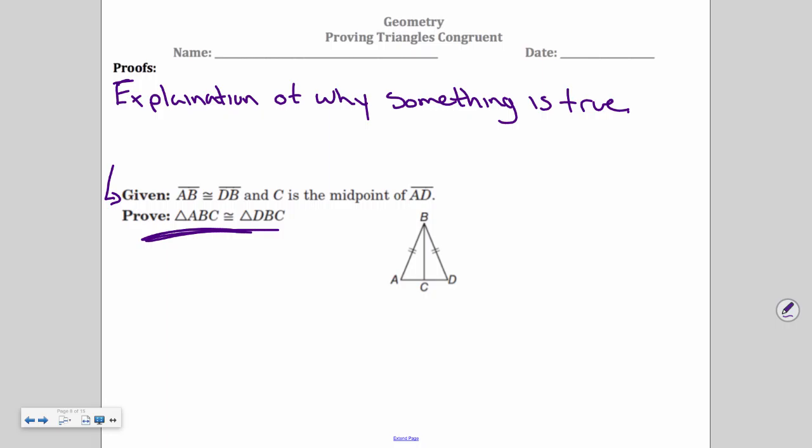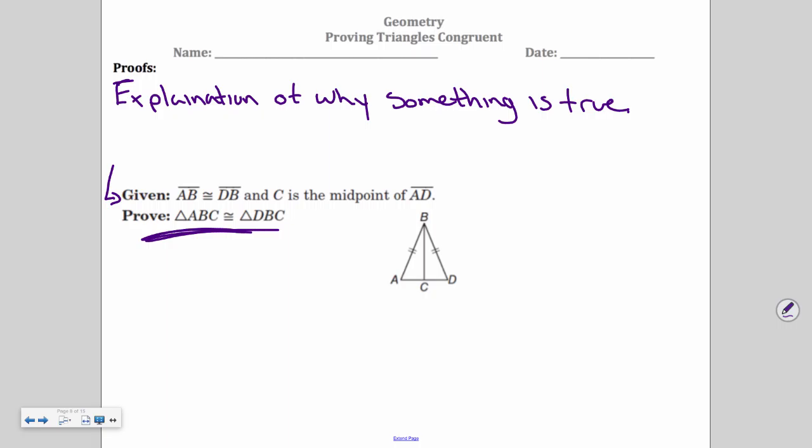There are two methods of doing this. You can use a two-column proof, or you can use a paragraph proof. I personally like paragraph proofs because it's more in line with your thought process. I will show both methods. But no matter what, you always start with what is given.